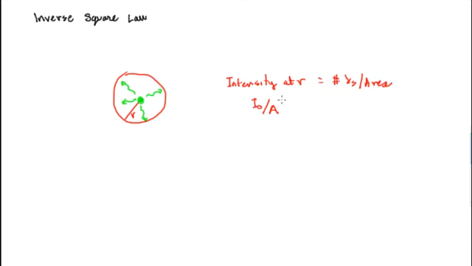So what's the area of a shell? Well, you'll remember that for a shell of radius r, the area is 4 pi r squared. So the intensity at any radius r is some constant number divided by r squared. And so that's the concept, that the intensity falls off like 1 over r squared.